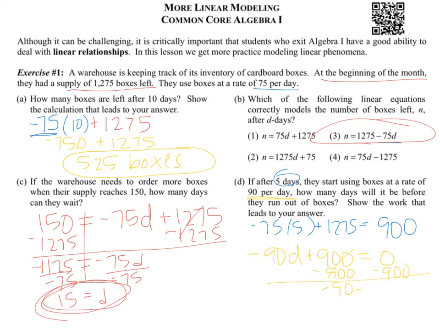Negative 90D equals negative 900. Divide both sides by negative 90, and it takes 10 days after this. But how many days total? So we have our 5 and 10, and this time it's going to be 15 days total when they run out.